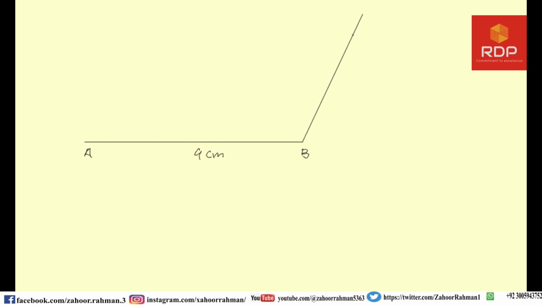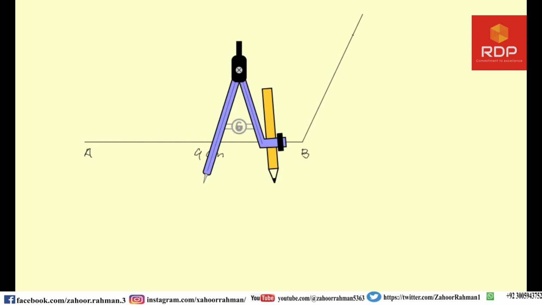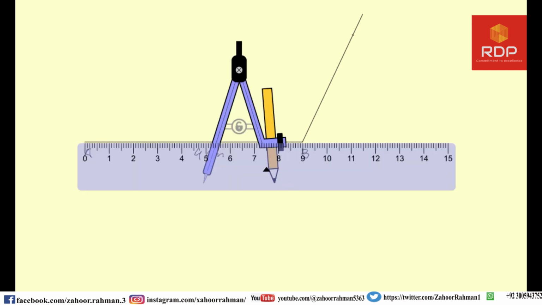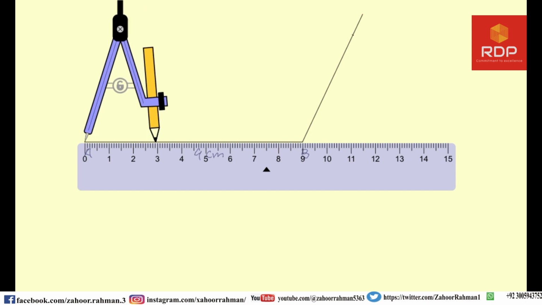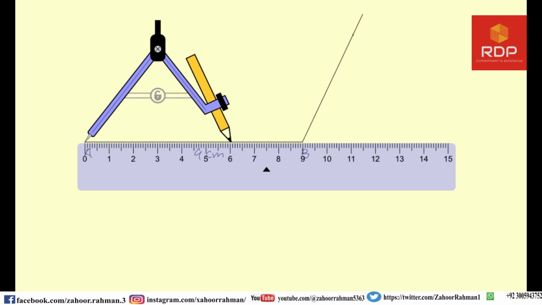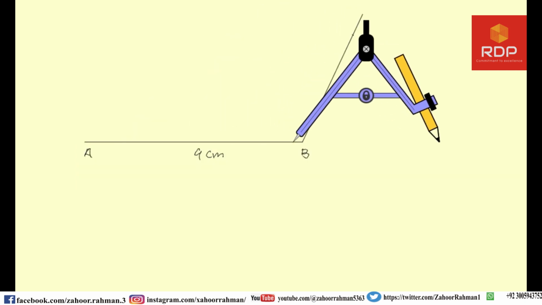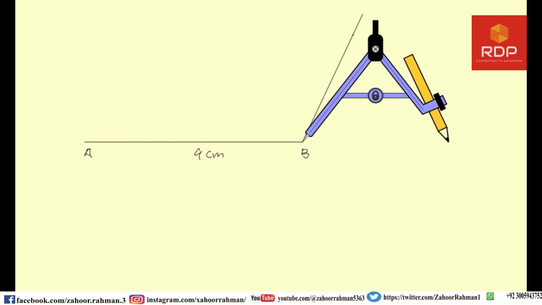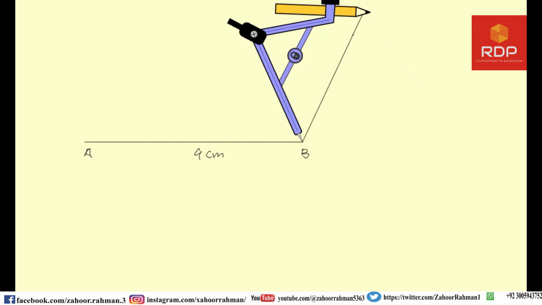and then next is to cut it 6 centimeter. So let me bring this here, and I have to open this as 6 centimeter, and then I have to cut this line with 6 centimeter.